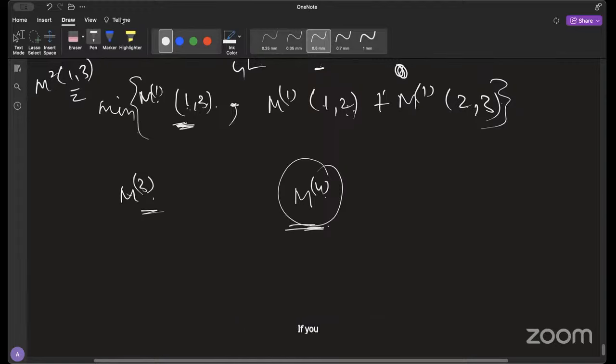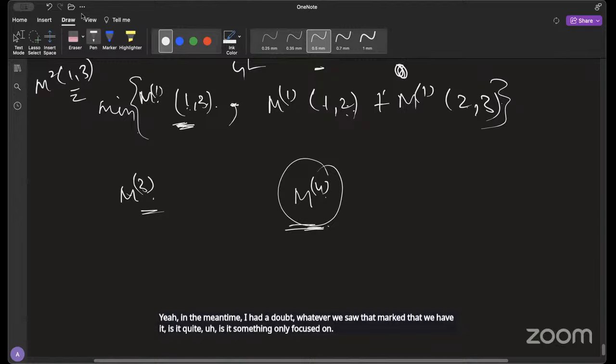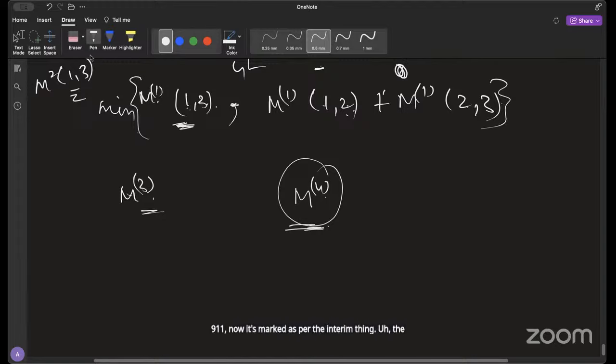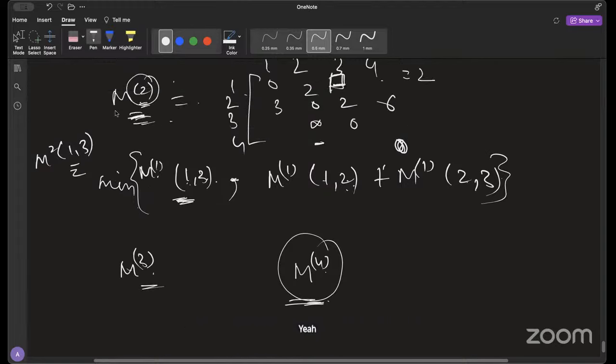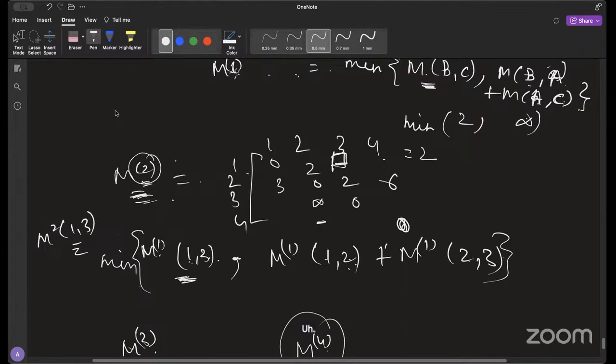If you won't respond, we'll have to end the session there. Is the mock exam focused only on the last week, or is it marked as per the interim? I felt it's more focused towards the last week compared to what was discussed.